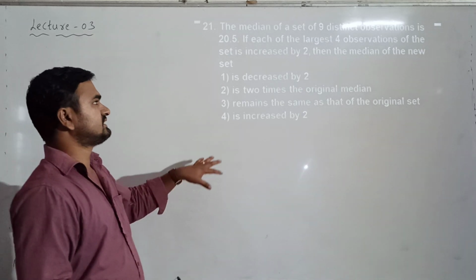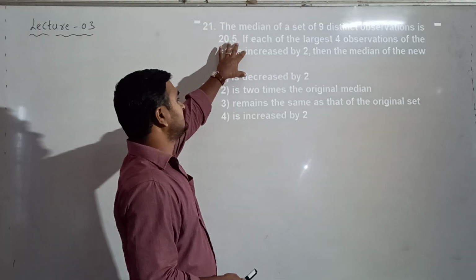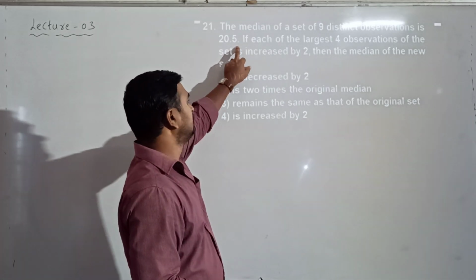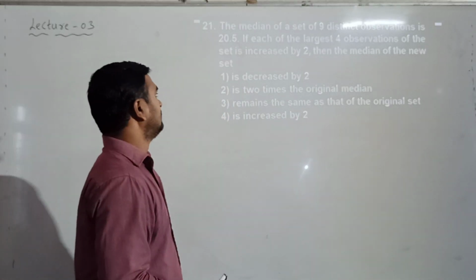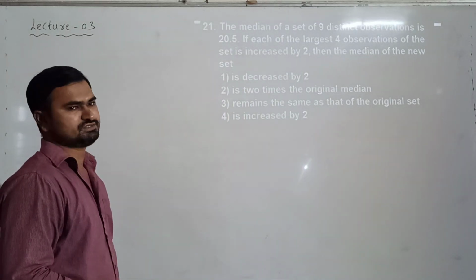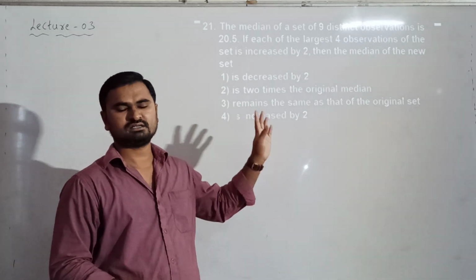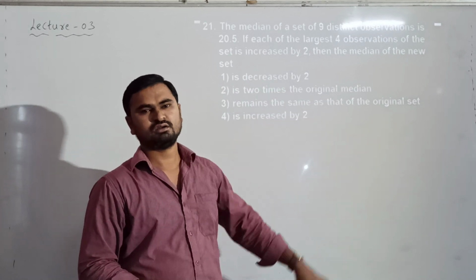So some observations are given, 9 distinct observations, and for these observations the median is given. Median is 20.5. Now what will happen to the median if we are increasing the last 4 items by 2?